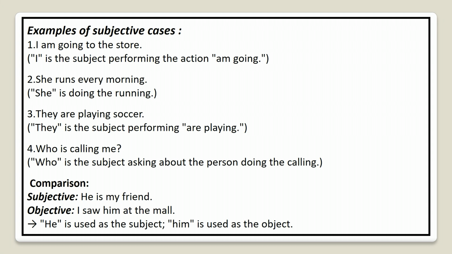And who is calling me? Here who is the subject, asking about the person doing the calling. Now if we compare the subjective and objective: subjective, he is my friend; objective, I saw him at the mall.